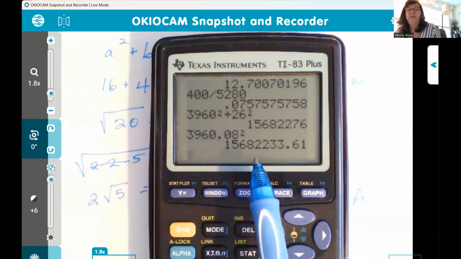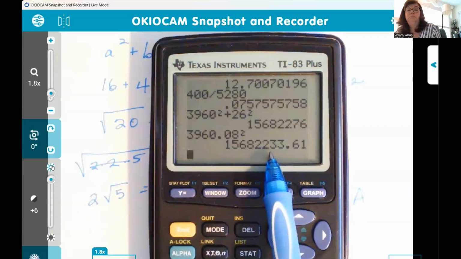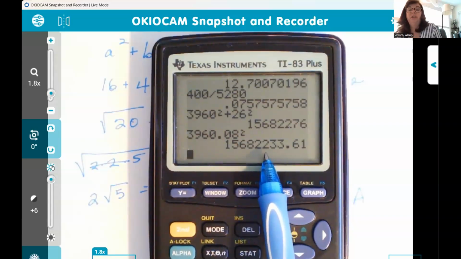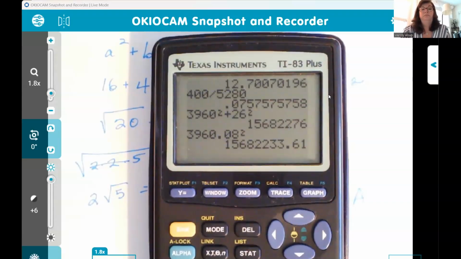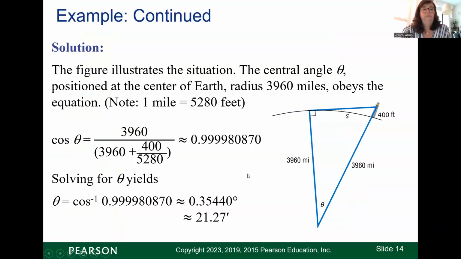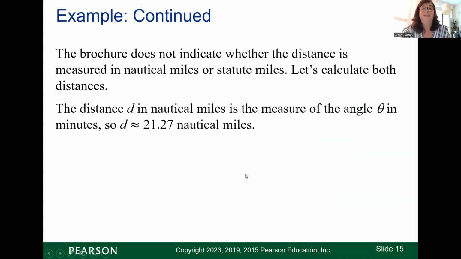Boy, that's really close. Yeah, pretty doggone close. So I'm saying we're maybe not totally off. Now they did a lot more. We did not consider nautical miles versus stationary miles.